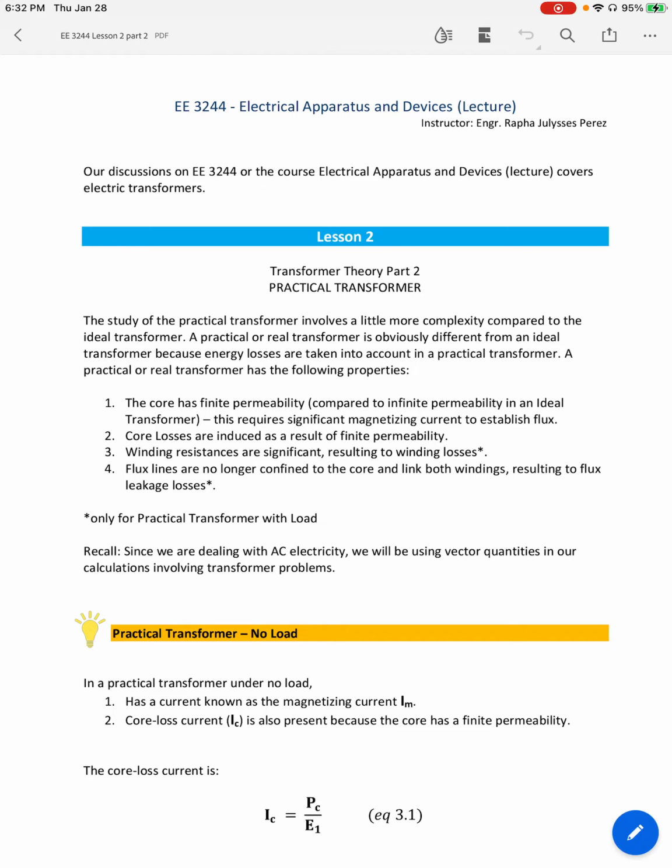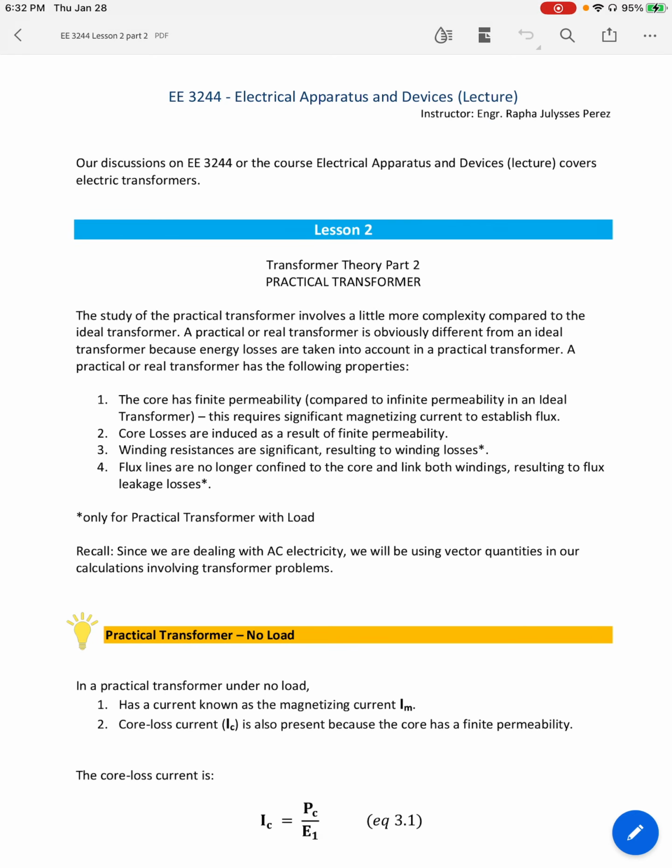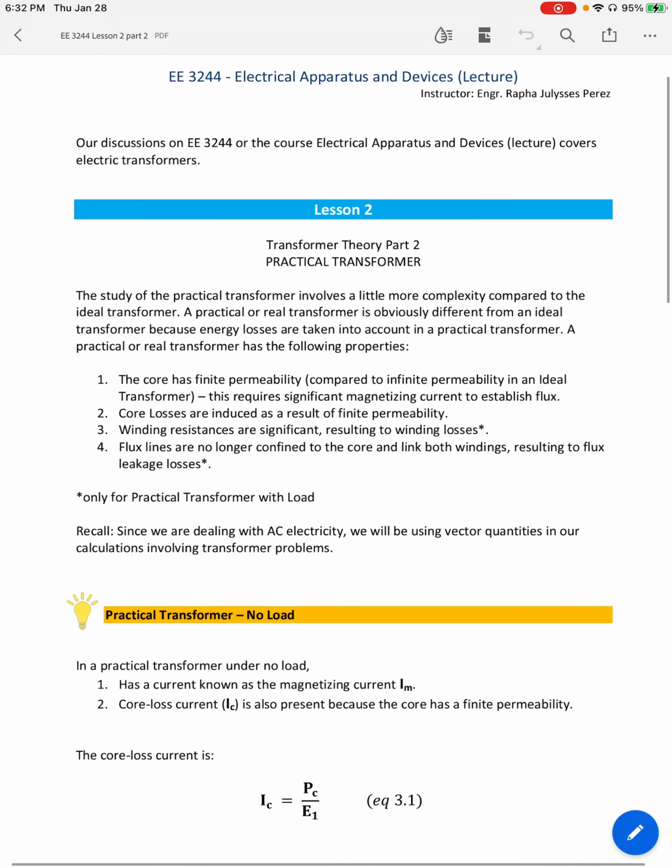I hope you have done some skimming of this material, since I uploaded it in advance. These are the conditions relevant for our calculation of a practical transformer.